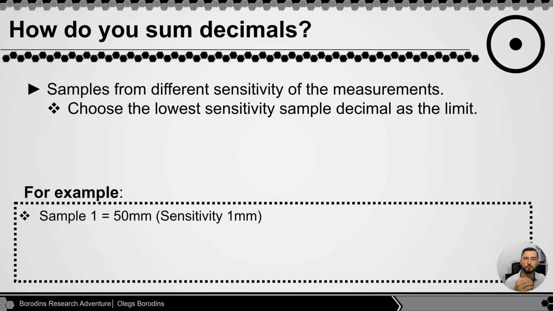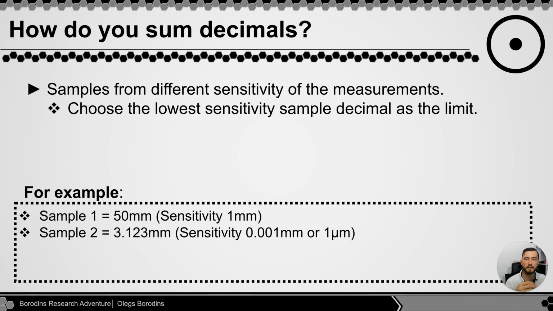Because the sensitivity of our measurement is 1 millimeter, we cannot go below that. The second measurement was done with a laser, and we can go down to 1 micron. It will give us 3.123 millimeters. So we can see that we go below the millimeter scale.